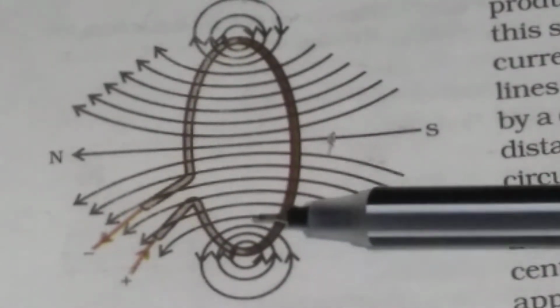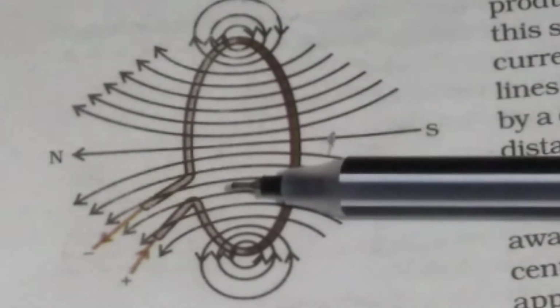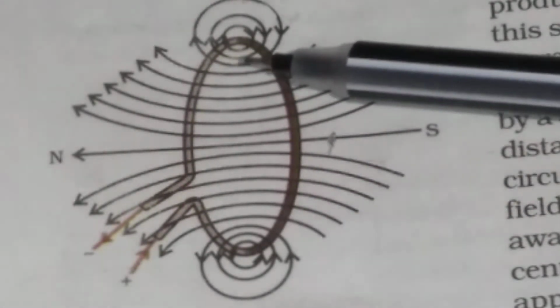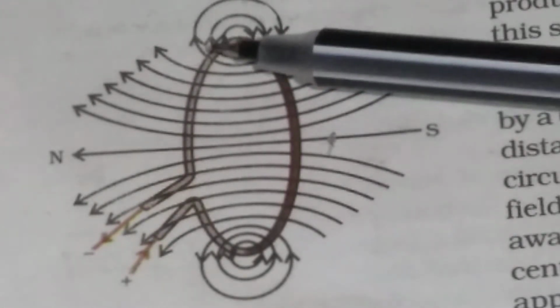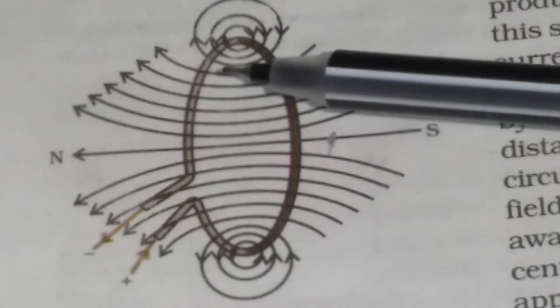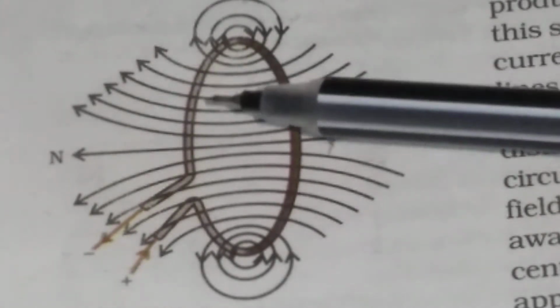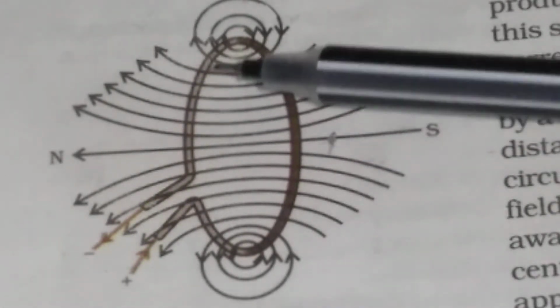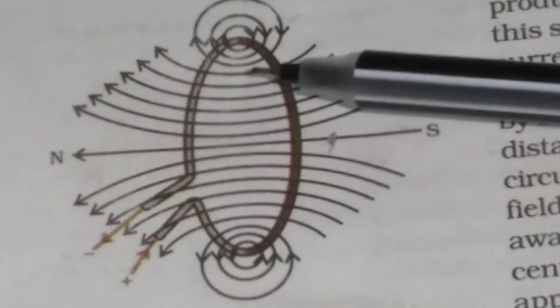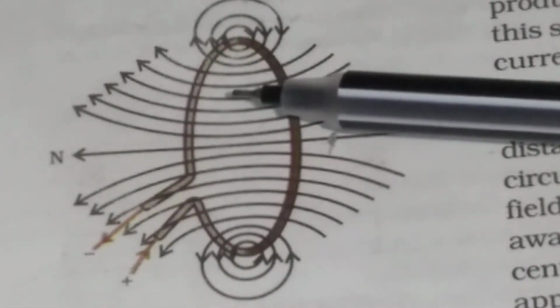Now you apply the right hand thumb rule to the highest point of the coil. Here the current is coming down, so the magnetic field lines are concentric circles in the clockwise direction.